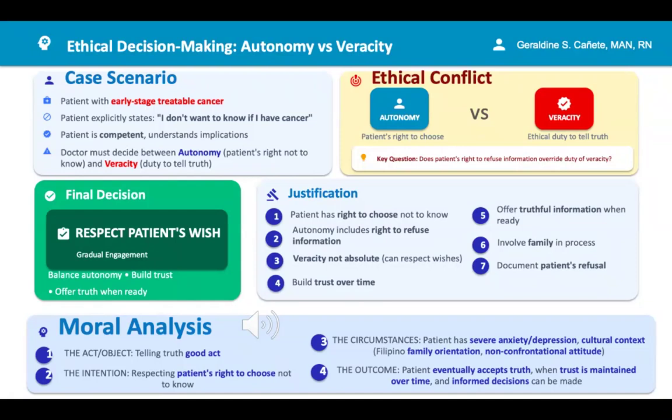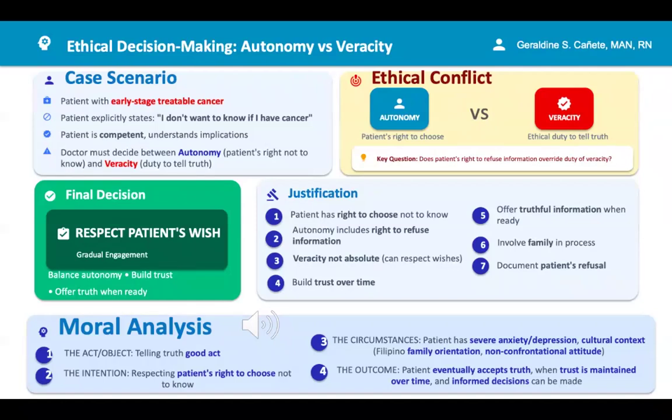On veracity, physicians have a duty to be truthful and honest with their patients. But I also would like to ask you, why is veracity considered a core ethical principle in medicine? What potential harms could result from withholding information from patients, like in this case?